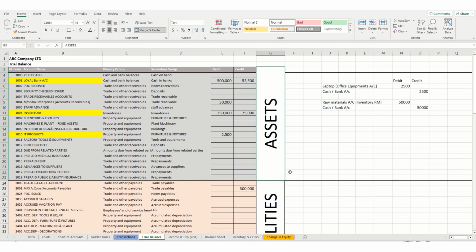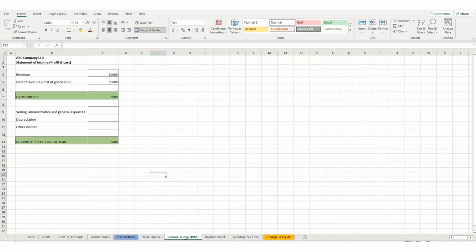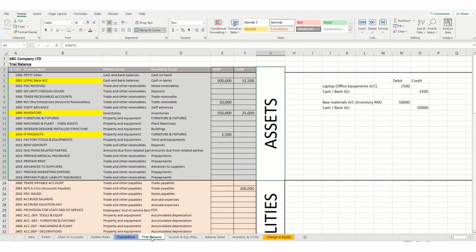It is only going to assets, right? The office equipment, inventory, and the cash. That's it. Three accounts: office equipment, inventory, and the cash. So there is no impact for these two entries in the P&L, because these two entries are only on the asset side.